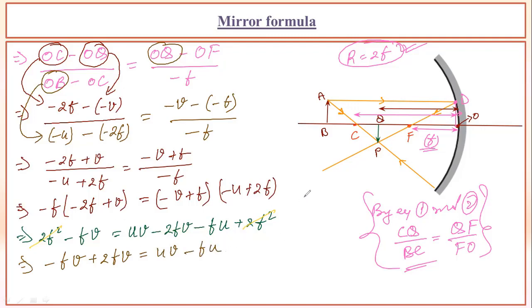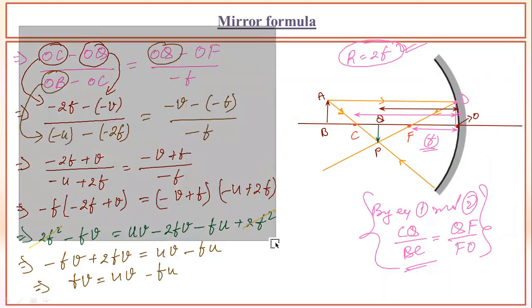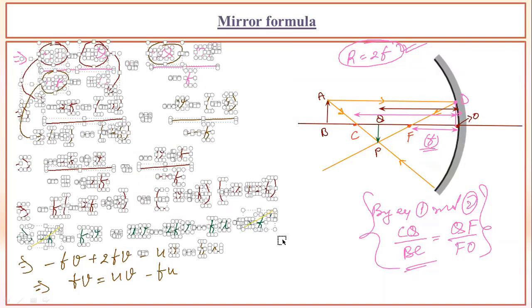Simply we are just doing the algebraic calculations. So over here, when you solve this, it is going to be FV equals UV minus FU. Okay, I will just clean out this upper column so that I will get some space for the further calculation.